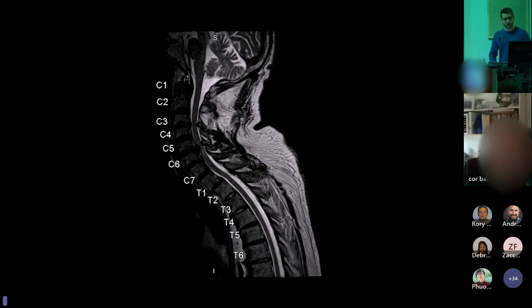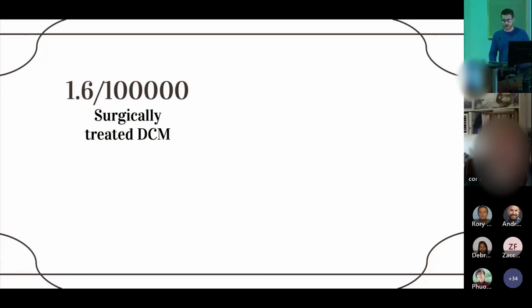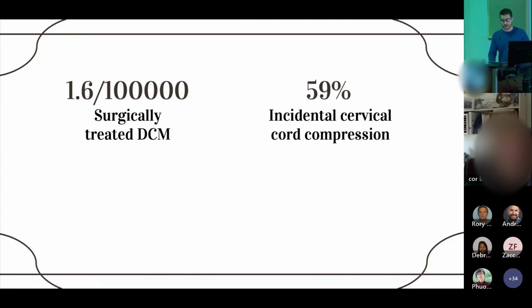cause degenerative cervical myelopathy. In terms of epidemiology, overall a lot remains unknown regarding the true epidemiology, but we'll take you through a few key facts. Reviewing the literature, we note that the prevalence of surgically treated disease is about 1.6 persons per 100,000.